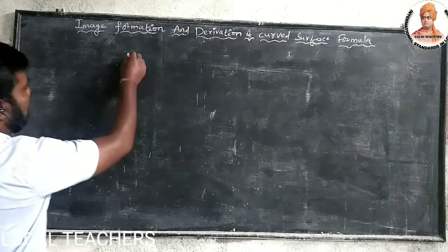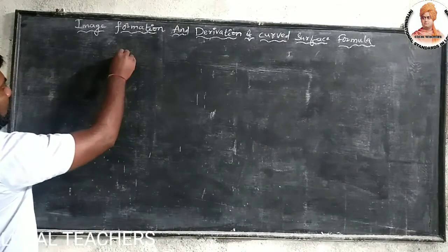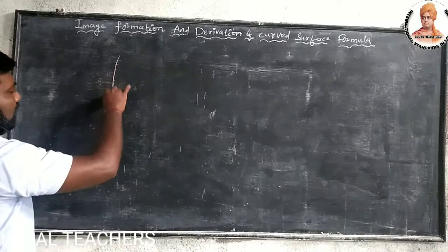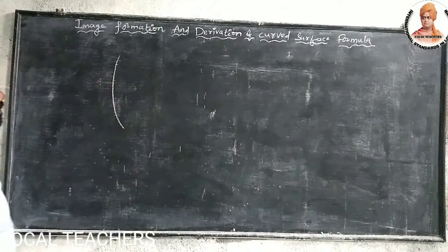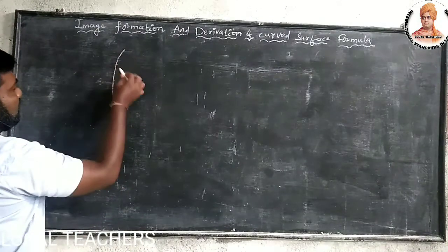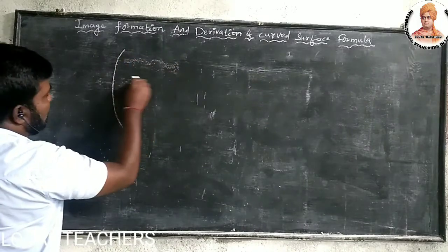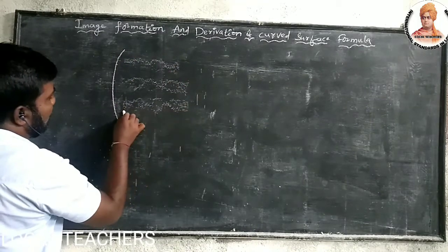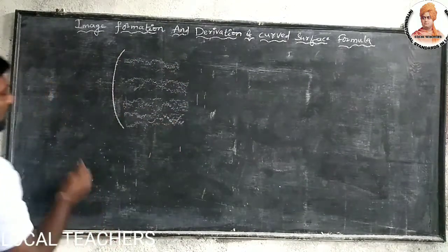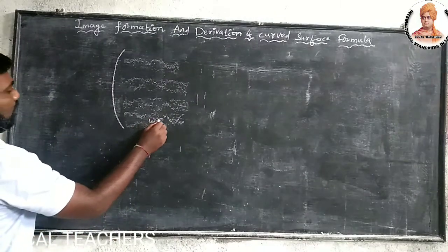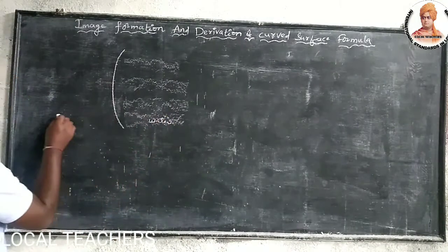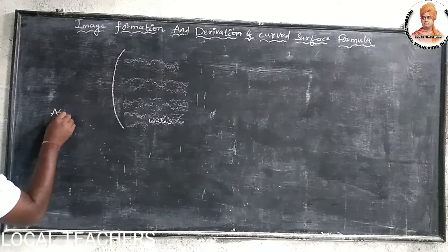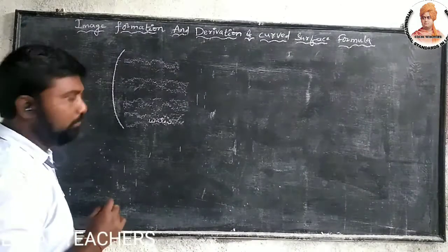So here I am considering a curved surface. On one side I am considering water as one medium, and on the other side I am considering air as another medium.